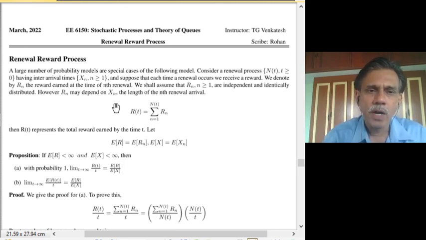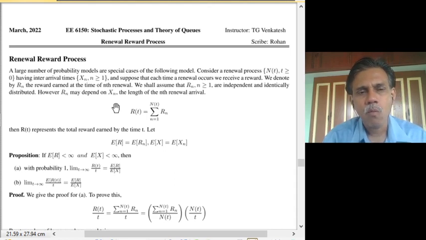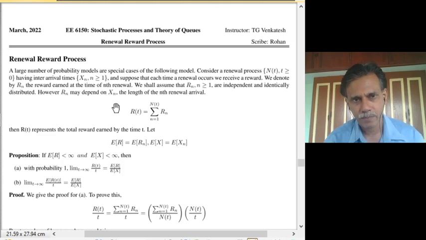So, if you look at a very long time interval t, what would be the cumulative reward that you would get? The first time a renewal occurs, we will get a reward R1. Again one more time R2, R3. So we have to add R1, R2, R3 and so on over all the renewals that happen within the duration 0 to t.